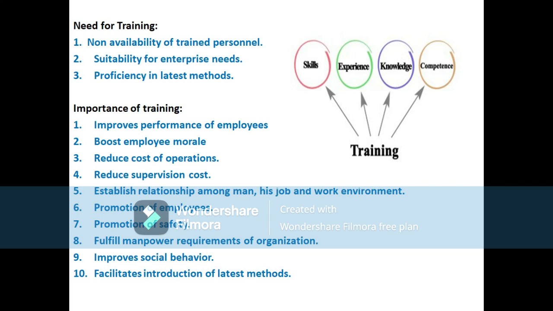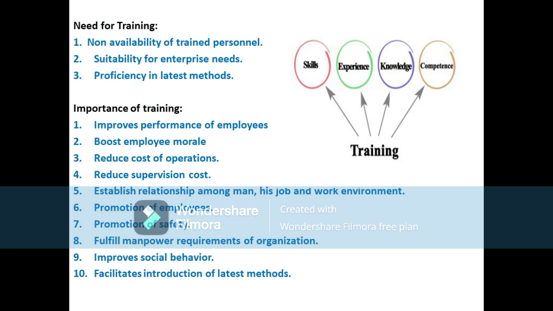Effective and proper handling of equipment is ensured. So they know the proper application of methods and procedures and the content of the job. All these enhance the efficiency of the employee. So all the training ensures the proper application of the job content.